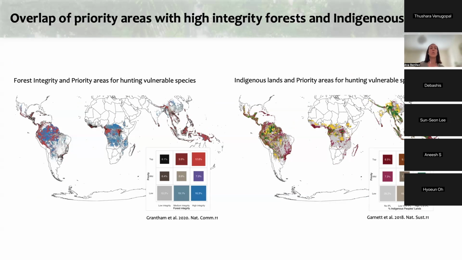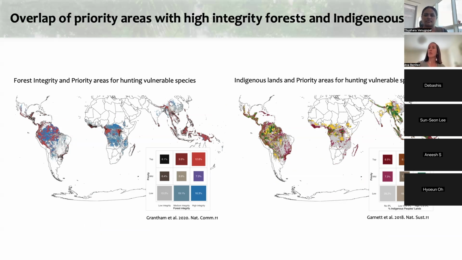So we can have a win-win situation. Forest integrity in this case was measured more by the structure of the forest and how intact it looks, not by defaunation. But here we see that there are some overlaps. In red, we see areas which are high integrity forests, but also areas where we indicate that there should be a priority for conservation because of the hunting-vulnerable communities that live there.